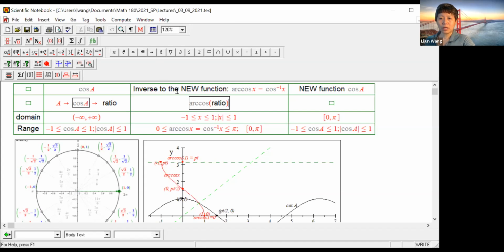During my office hours, I still have people write the function's input the wrong way. The input is ratio, and the output is angle.